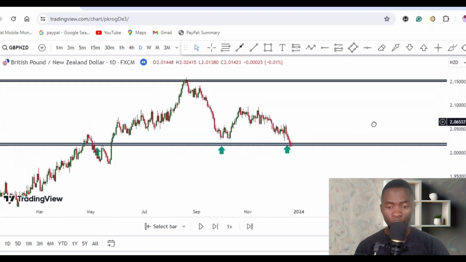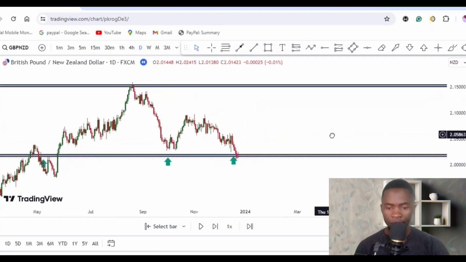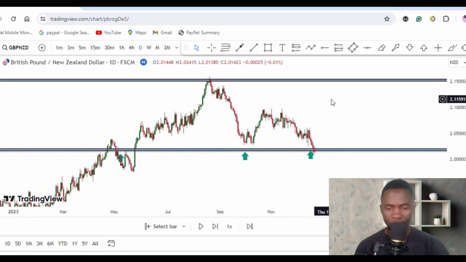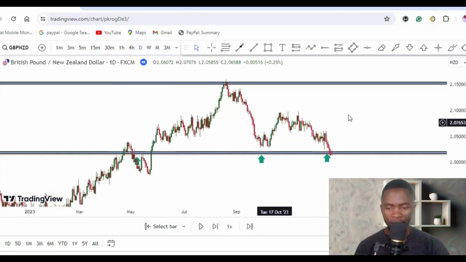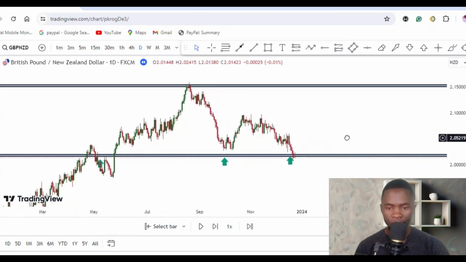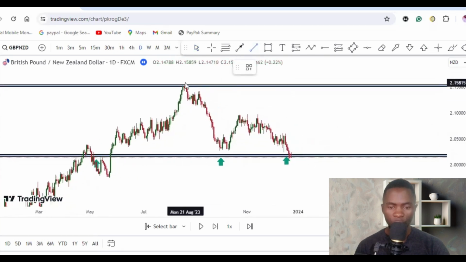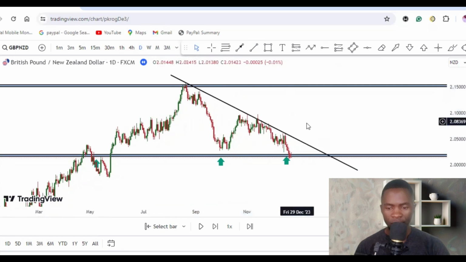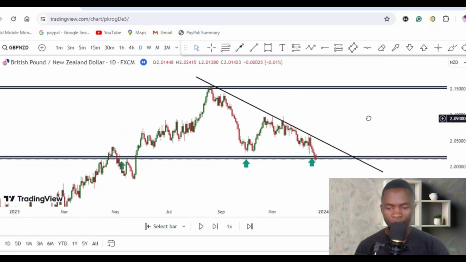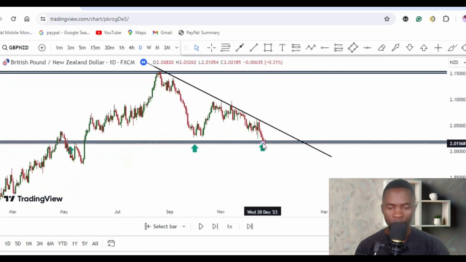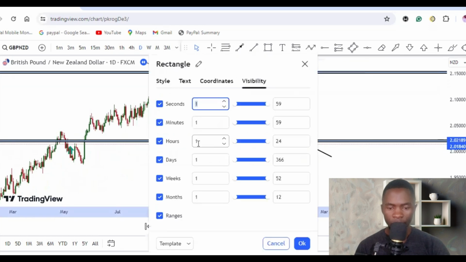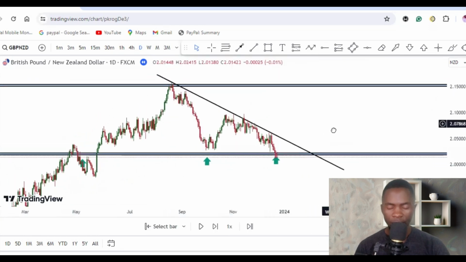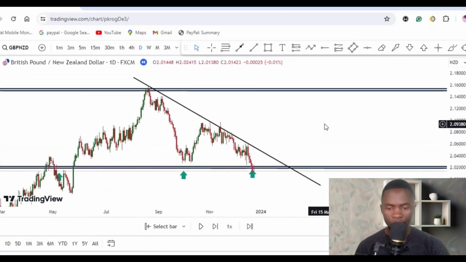This is now where I do all my analysis. I do all my analysis on daily. So the first thing that I'm going to do, I'm going to draw my trend line as I usually draw. That's the first thing that I've already done.